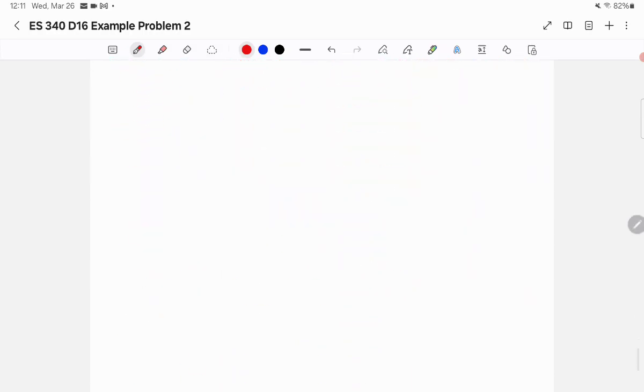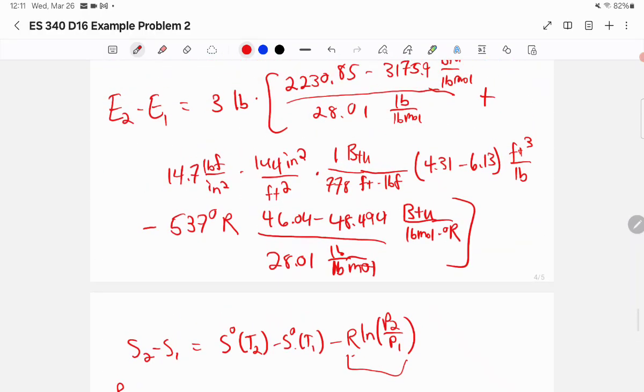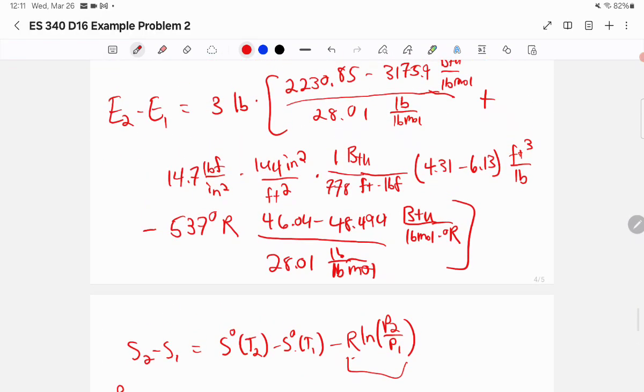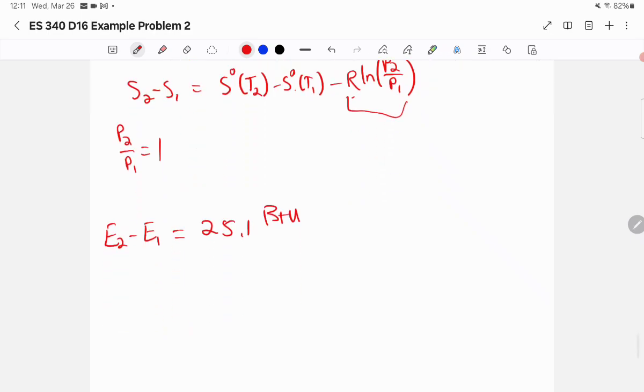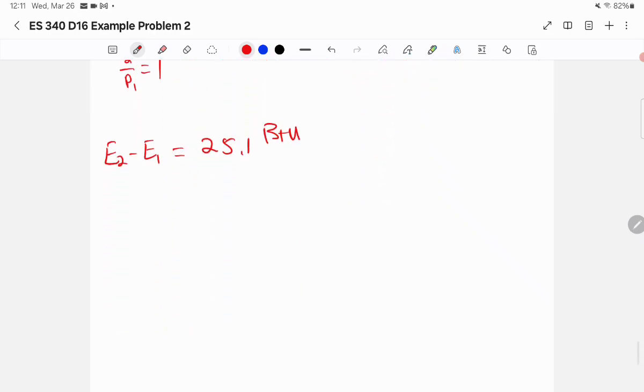So that means that my E2 minus E1, when you calculate out all of those values, ends up being about 25.1 BTU. Now we can do a similar thing.